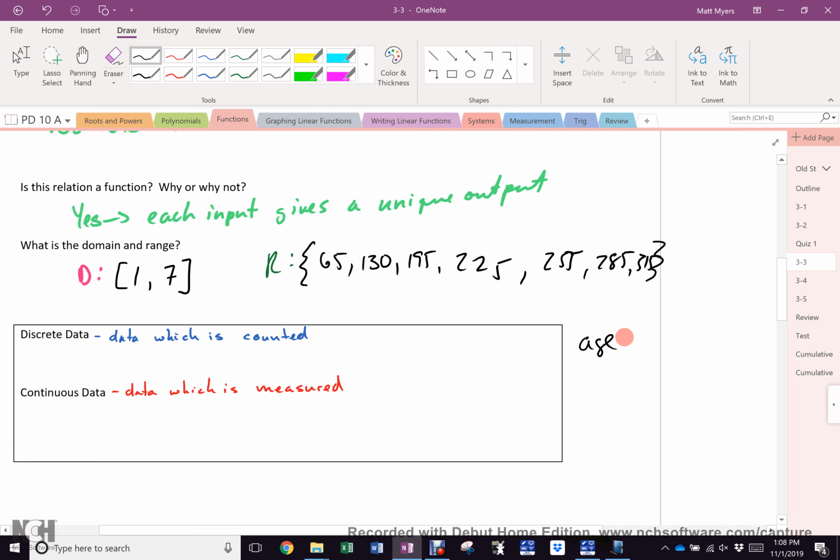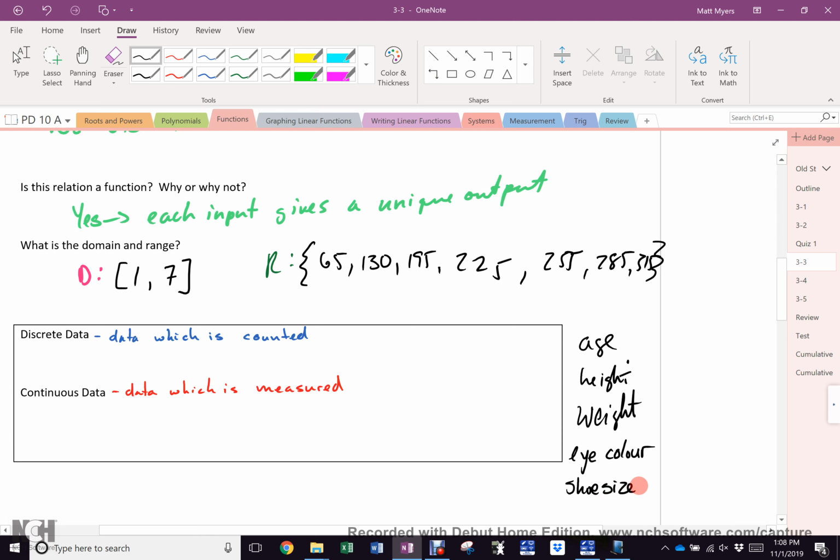What is some other data you could give me? Height. Weight. Eye color. Shoe size. Okay.